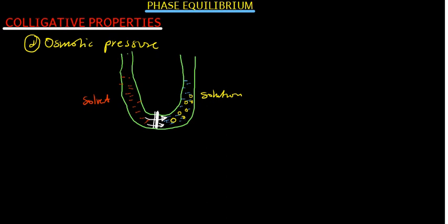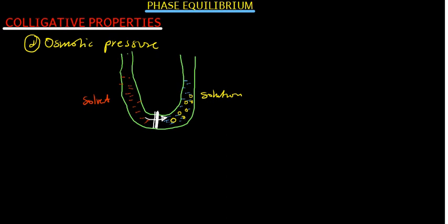We also have a little water in this solution. So even here some water is going to be moving from the solution into the solvent. But because we have a lot of water here and a little there, the net flow is going to be in this direction rather than in both directions.